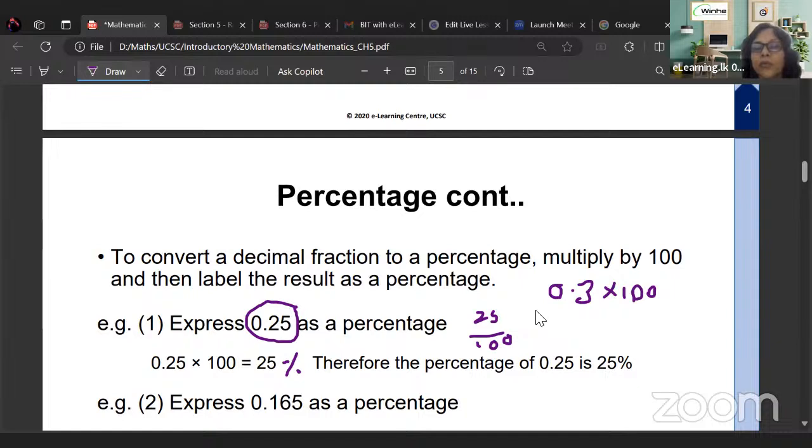When you are multiplying a decimal number, first multiply the value as if the decimal is not there. If you consider this as the number 3, and we multiply it by 100, you can add 2 zeros to the end of the number, right? Then we get 300.